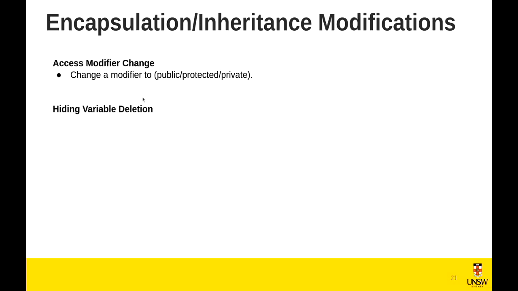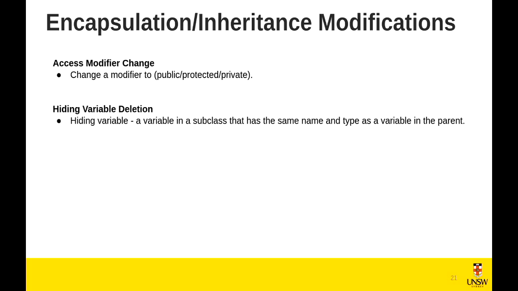And we can also try to do hiding variable deletion. The concept of a hiding variable is a variable in the subclass that has exactly the same name and type as a variable in the parent. So it is actually hiding the variable of the parent. What we can do is delete the hiding variable in the child.